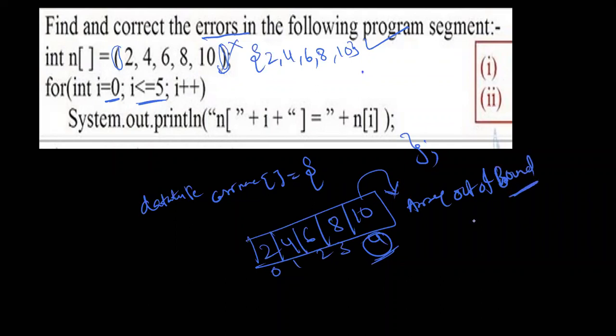So this is the error. The correction is to write for(int i=0; i<5; i++). Less than 5 means up to 4. Okay, this is the correction.